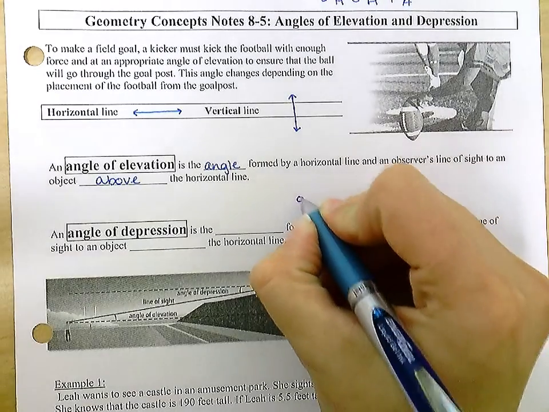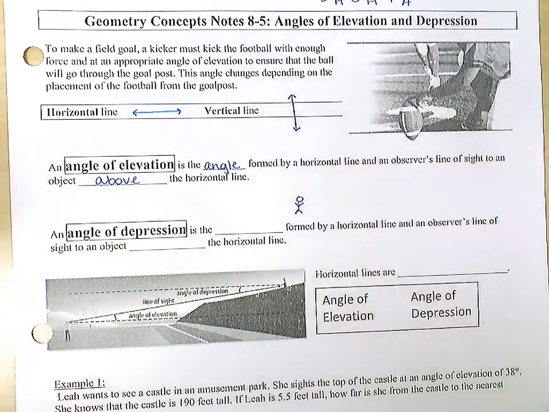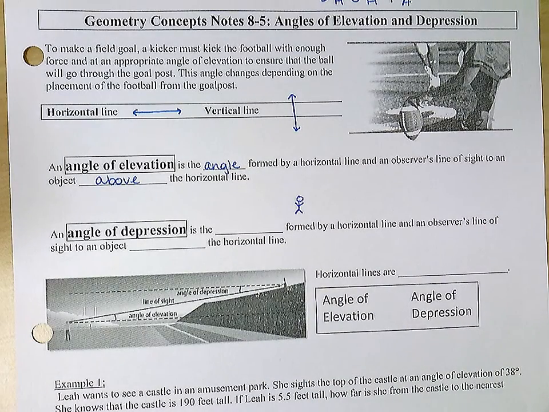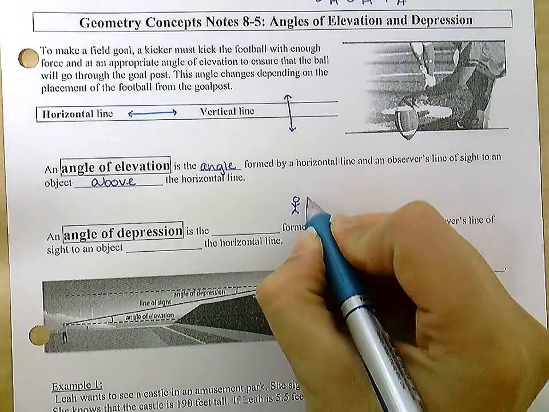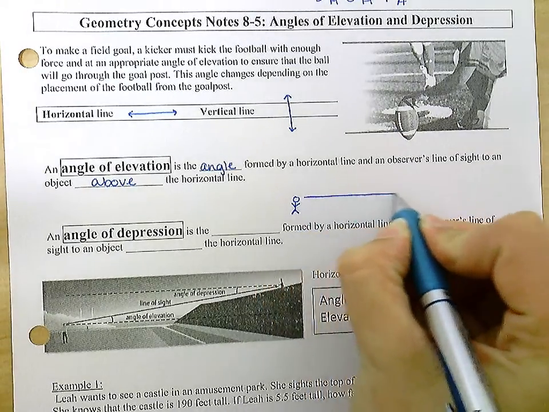So if I have this person here, from their line of sight, you always have a horizontal line. So here would be my horizontal line.